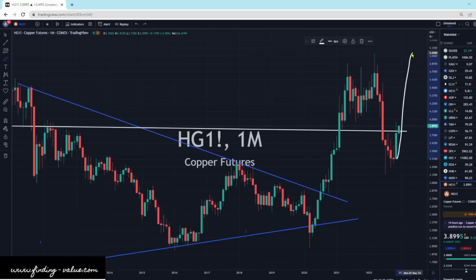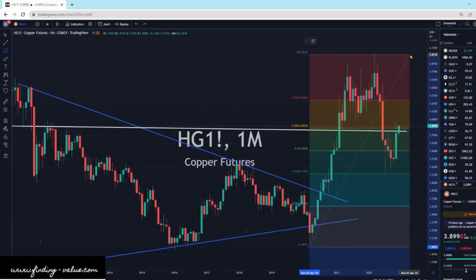Again, I don't know the path. I don't know if it's just going to go straight higher, guys. You could have pullbacks and zigzag and do all sorts of stuff, and those pullbacks could be of greater and lesser size. But this here, to me, looks like a very good move. Now, if we were to do a fib retracement on this, it pulled back to 0.5.